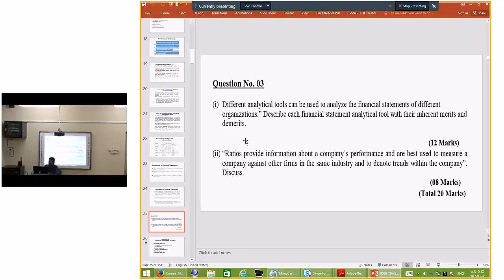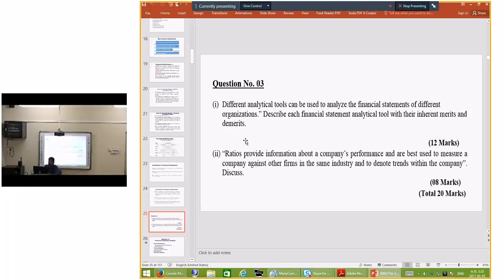Then question 3: different analytical tools can be used to analyze the financial statements of different organizations. Describe each financial statement analytical tool with its inherent merits and demerits. What are the advantages and disadvantages of each and every financial statement analytical tool?